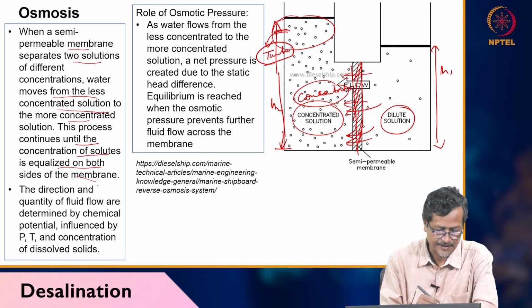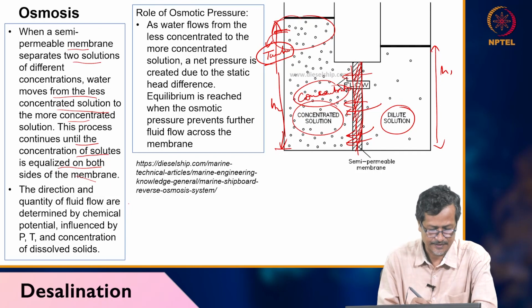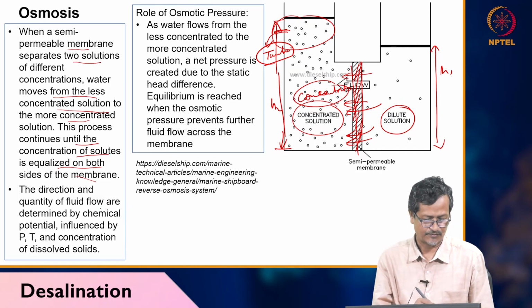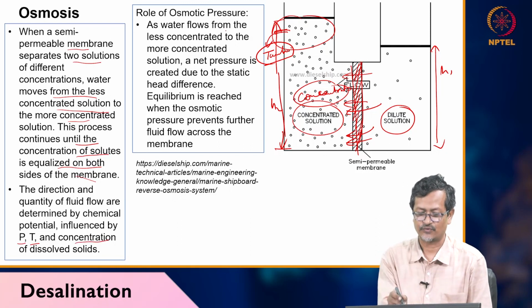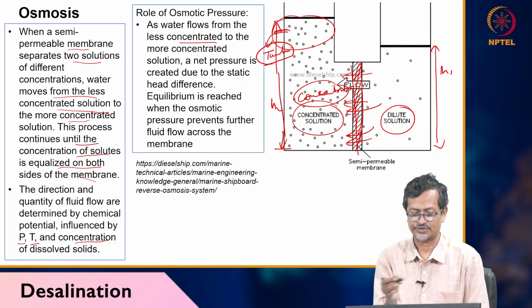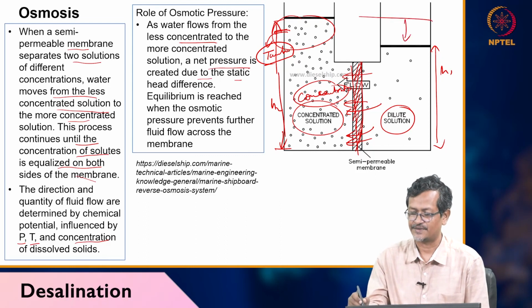The direction and quantity of fluid are determined by chemical potential, influenced by pressure, temperature and concentration of the dissolved solids. So, role of osmotic pressure: as water flows from the less concentrated to the more concentrated solution, a net pressure is created due to the static head difference. Okay, so you can see this is the net pressure.